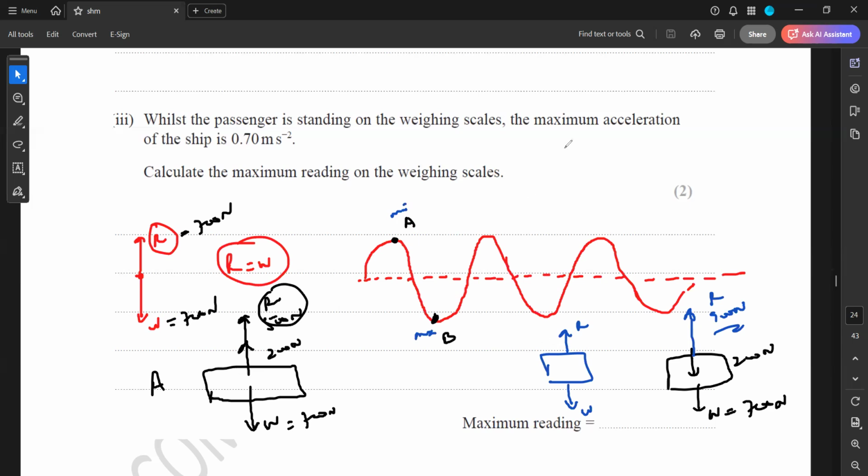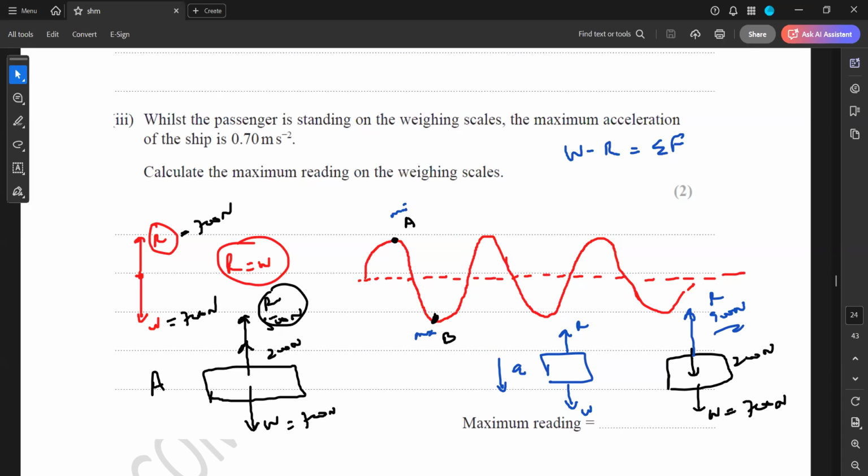So it means weight minus R should be equal to the resultant force, because it is moving away from the equilibrium position. So the weight should be more than R, to have W minus R equal to MA.